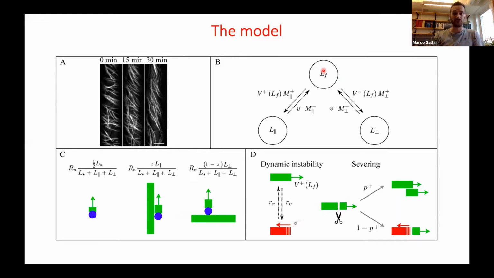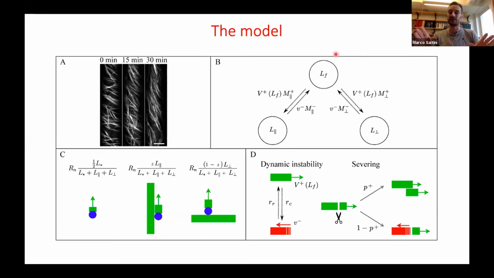It is very important to understand that in our model we wanted to make the model as simple as possible in order to have a good mathematical explanation of what happens. And in this sense, our two populations of microtubules do not really interact with each other, apart from the fact that they share the same pool of resources.